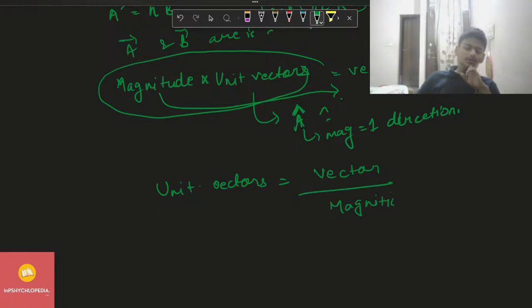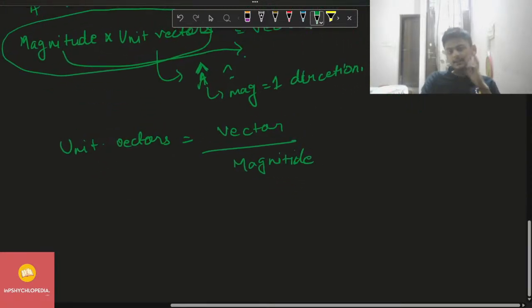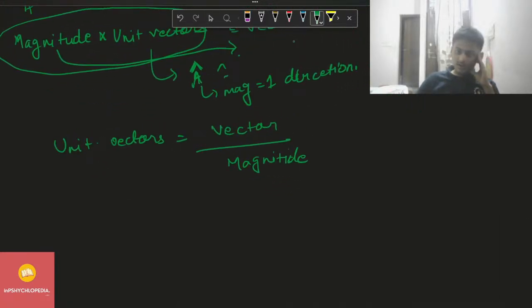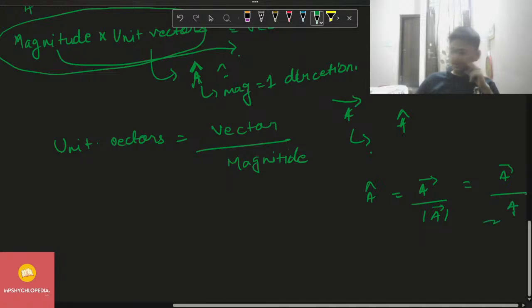Now for the rest of our life, let us take a general vector a. The direction of vector a will be represented as a cap, and a cap will be equal to vector a divided by its magnitude. Magnitude of a is also written as a.